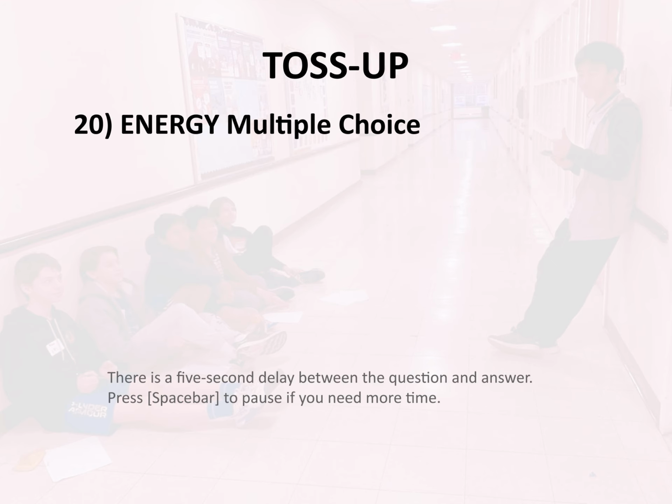Toss-up. 20. Energy. Multiple choice. The first solid-state quantum process was created at Yale University in 2009. The 2 qubits, artificial atoms, were made up of a billion atoms acting like a single atom that could occupy 2 different energy states. The billion atoms were comprised of what element?